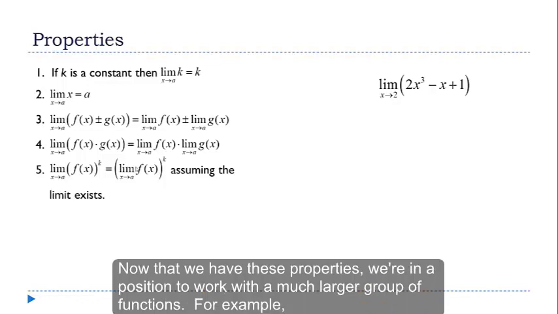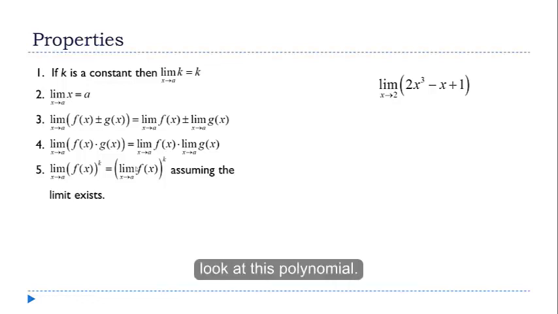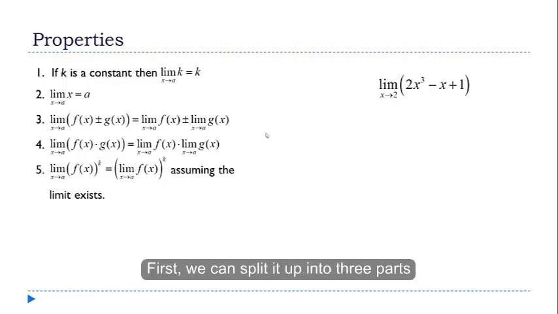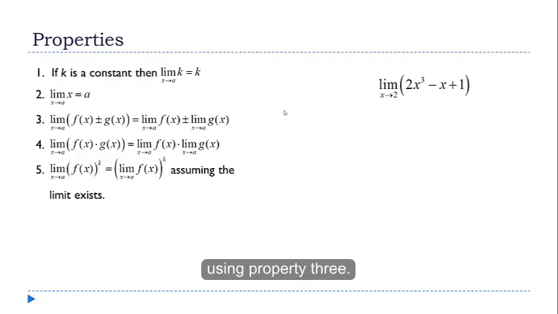So now that we have these properties, we're in a position to work with a much larger group of functions. For example, look at this polynomial. First, we can split it up into 3 parts using property 3.